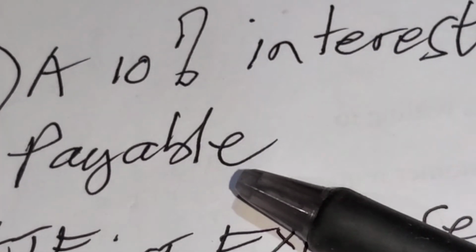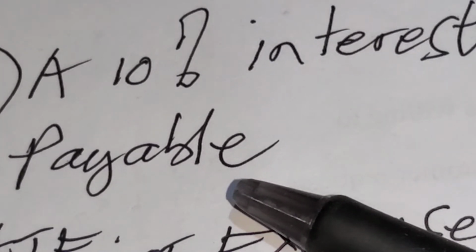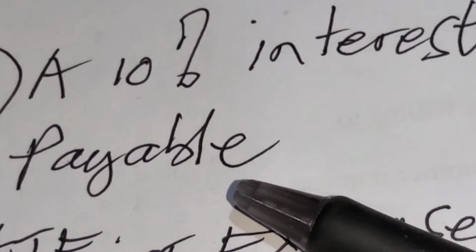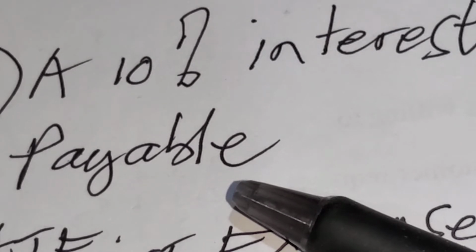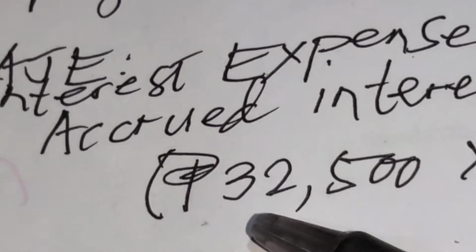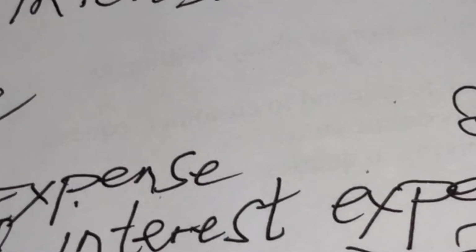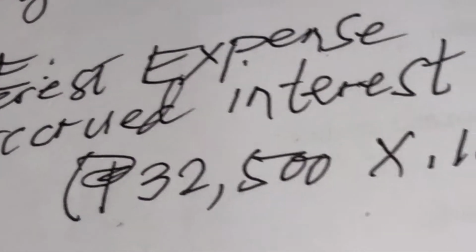In your books, you bring that to the correct amount. So your adjusting journal entry would be, how do you compute it? In preparing for your journal entry, a 10% interest has accrued on notes payable.